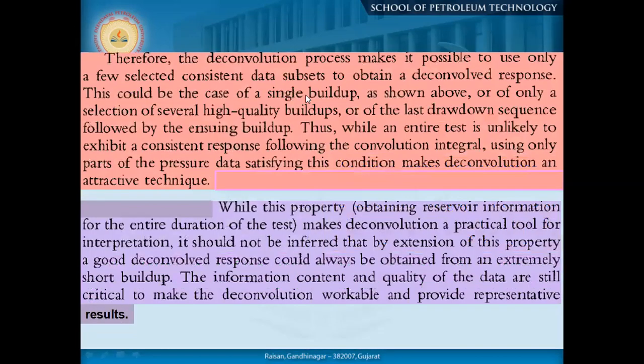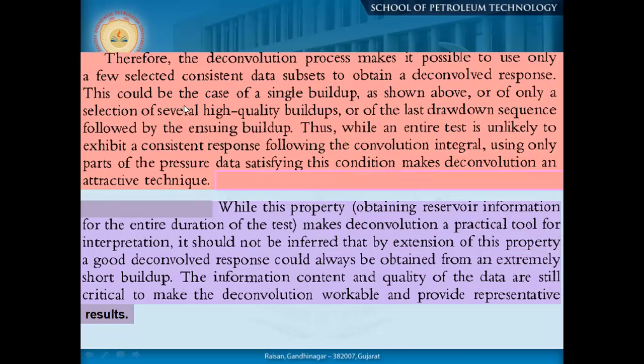Now the deconvolution process makes it possible to use only a few selected consistent data subsets to obtain a deconvolved response. Okay, so this is the most important part. Even if you have noisy data, we could erase that data. We should not consider it for our deconvolution.